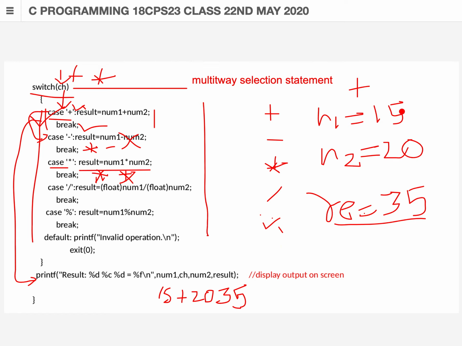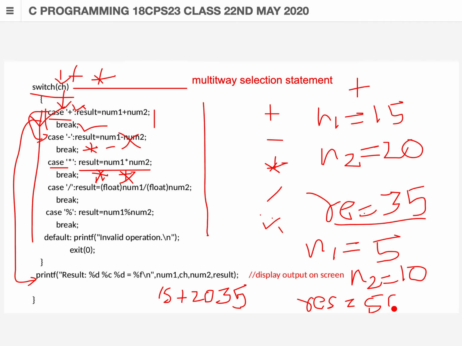So consider the same num1 and num2 now. num1 is equal to 5 and num2 is some value 10, which you might have read for a second iteration. So what is the resultant in this case? The resultant is equal to 5 into 10, and 50 will be stored in the resultant.